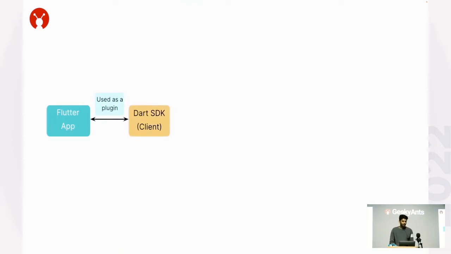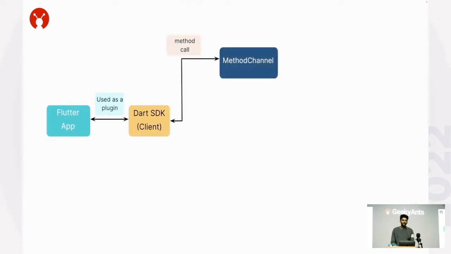Let's start. First, I will show you what structure I usually follow to integrate any third-party SDK. There will be a Flutter app, and in that I will be using a plugin that will be added to the pubspec. So how will the Dart SDK connect to the native side? As I said, we have method channels.